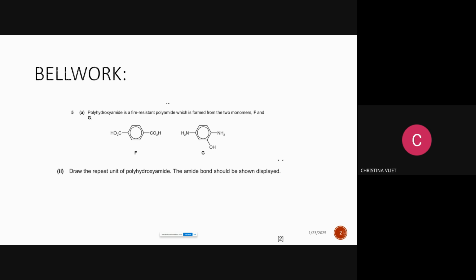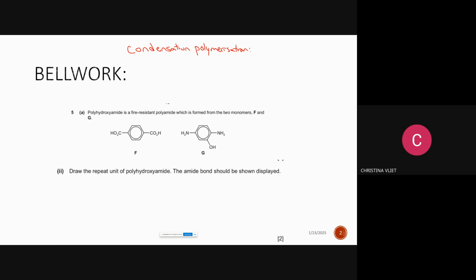So let's go over the answers and see what happened. First thing to note is a quick little reteach of condensation polymerization. That was the only new type of polymerization we learned last class. Basically it's removing water or HCl from individual molecules and then bringing them together.